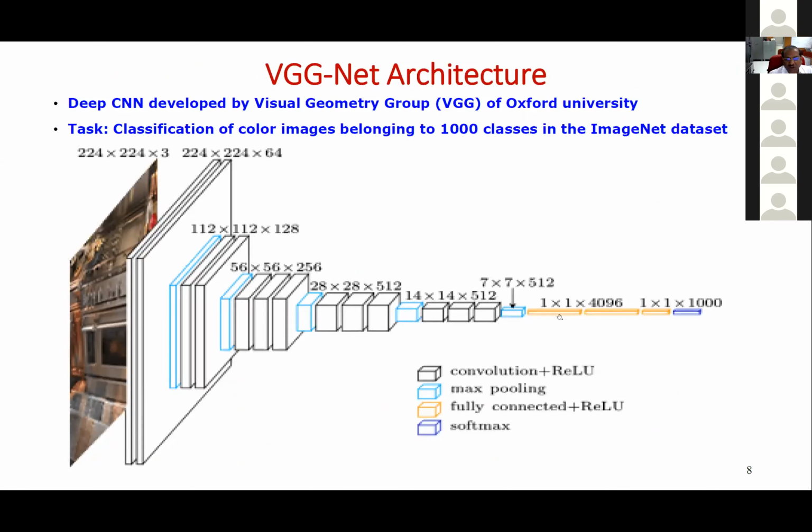And of course, there are the fully connected layers. Finally, we have the softmax layer, which performs the classification task with 1,000 nodes. This is the kind of structure of a deep CNN that is required to perform a very complex classification task over 1,000 classes, where many classes are very similar to one another. These deep CNNs have been shown to be very successful in performing this classification task.